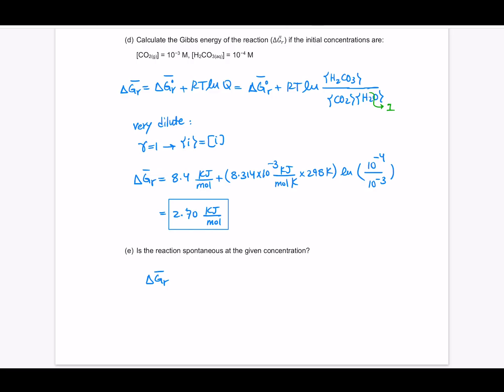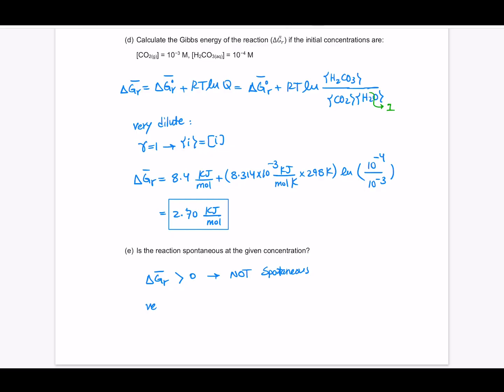Obviously not the delta G of reaction at the standard condition. So this is bigger than 0. So this is not spontaneous. So this reaction won't progress because the progress of this reaction doesn't add entropy to the universe, which is the foundation of the second law of thermodynamics.